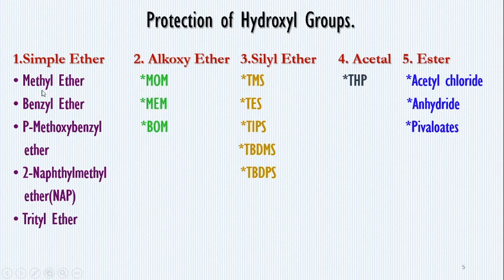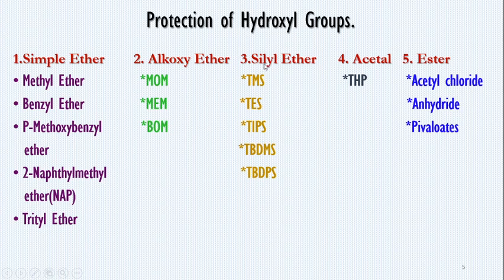In the case of simple ethers, the hydroxyl group can be converted into methyl ether, then benzyl ether, then para-methoxybenzyl ether, 2-naphthyl methyl ether or trityl ether. And in the case of alkoxy ethers, the OH group is converted into methoxymethyl ether, that is MOM, or methoxyethoxymethyl ether, that is called MEM, or benzyloxymethyl ether, that is called BOM.